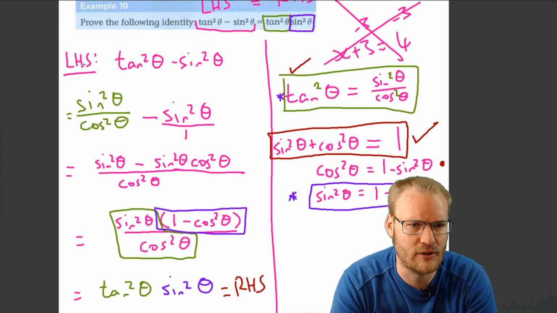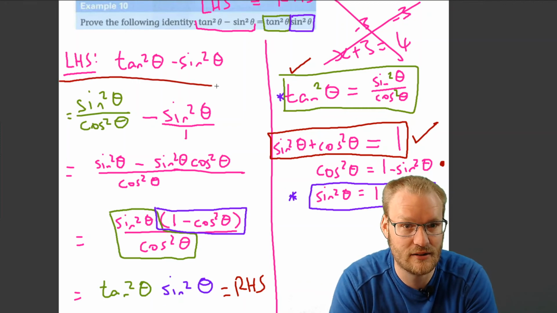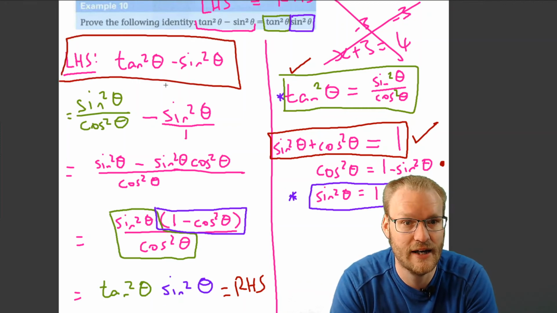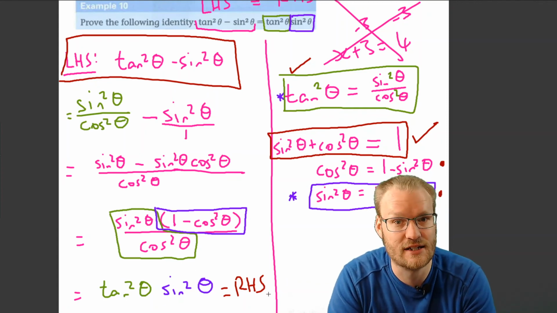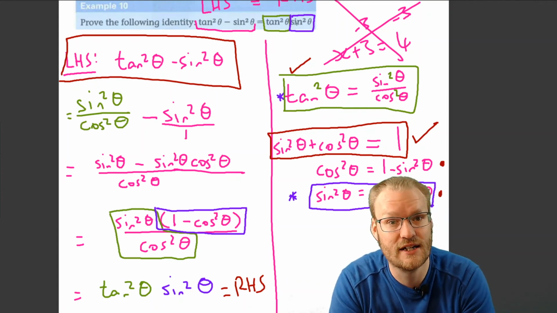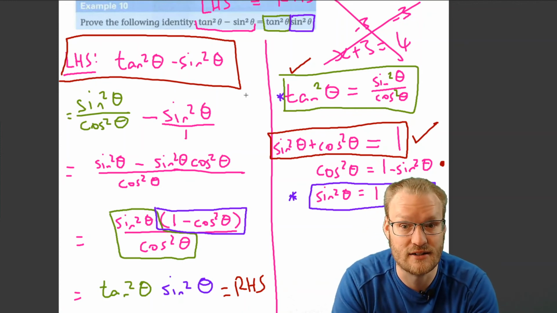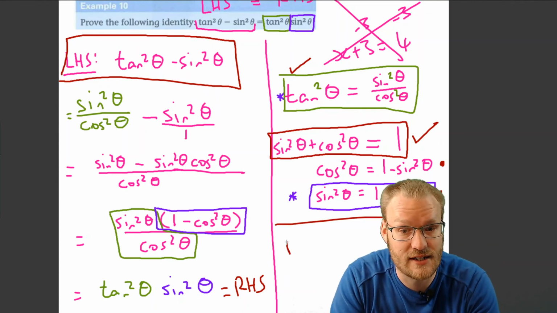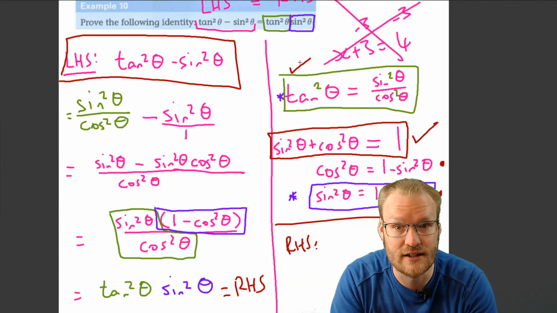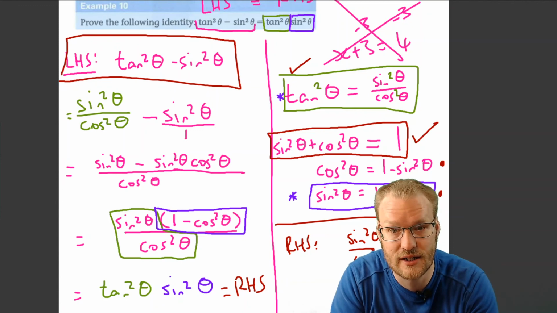Then we go to our equation and pick a side. Pick the more complicated side generally. So let's pick the left-hand side and do a bunch of manipulations to make it look like the right-hand side. You could have picked the right-hand side, done some manipulations, and made it look like the left-hand side. If I had taken the right-hand side, I might have said tan squared theta is sine squared theta over cos squared theta, times sine squared theta.